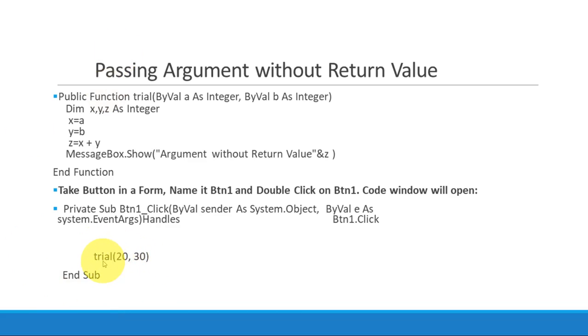Now when we are calling trial, we will jump to the trial function. Now 20 will be received by which variable? A, because this trial already contains two arguments, A and B. So this 20 will be received by A and this 30 will be received by B.